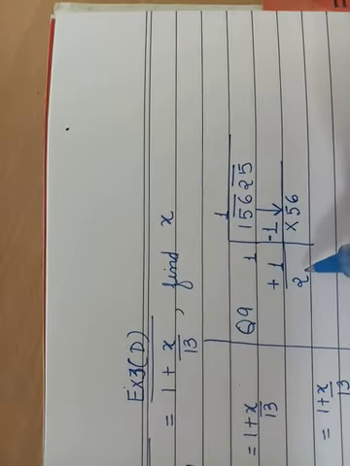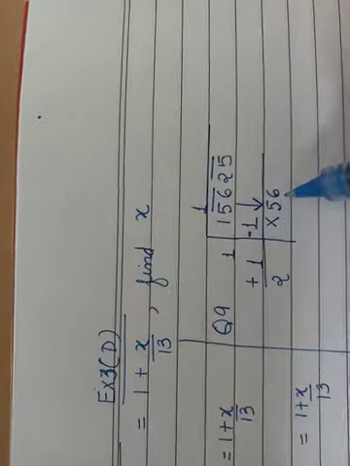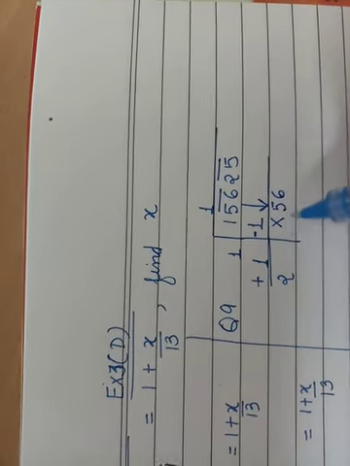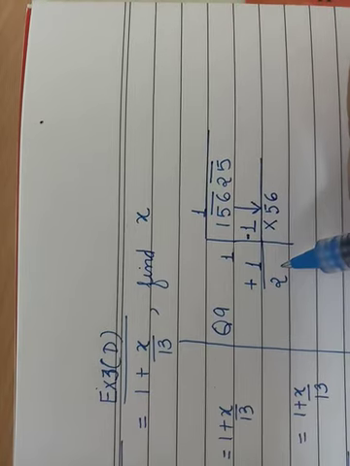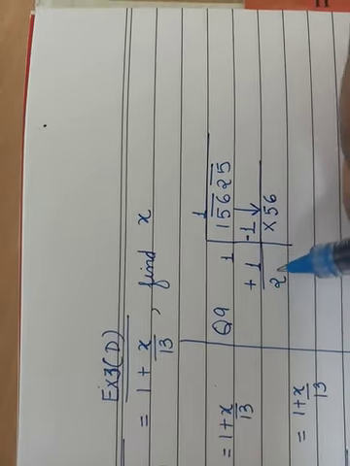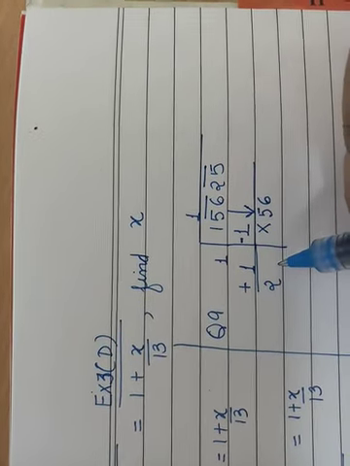Now we have to affix a number in front of 2 in such a way that we reach either 56 or closest to 56. If you write 1, 21 into 1 will give you 21, that is far away. If I put 2 here, it will become 22. 22 into 2 is 44.